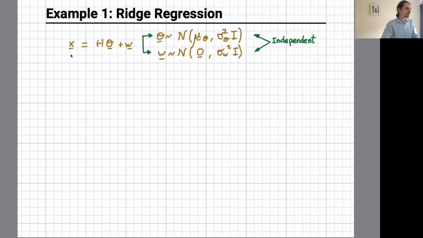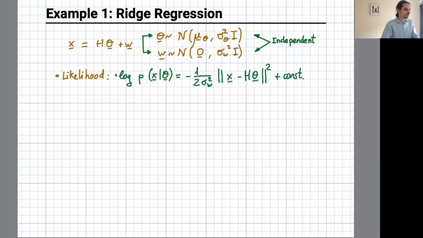So let's look at a couple of examples. In this first one, we have a Gaussian linear model where theta has this prior distribution and W is white Gaussian noise with this power. And theta is independent of W as always. To obtain the maximum a posteriori estimator, we need to maximize the log likelihood plus the log prior.